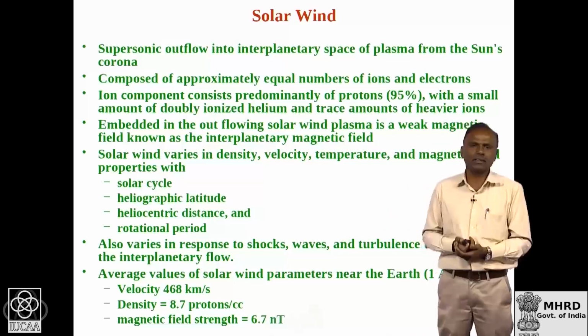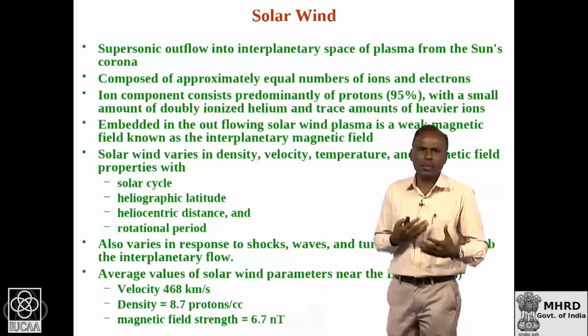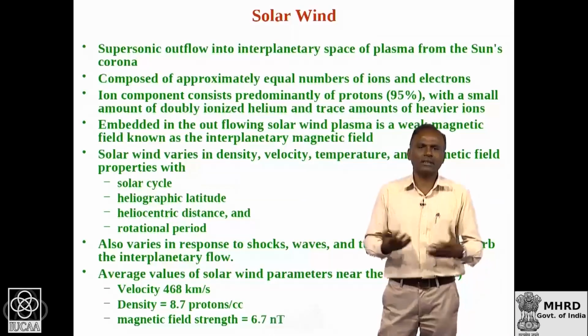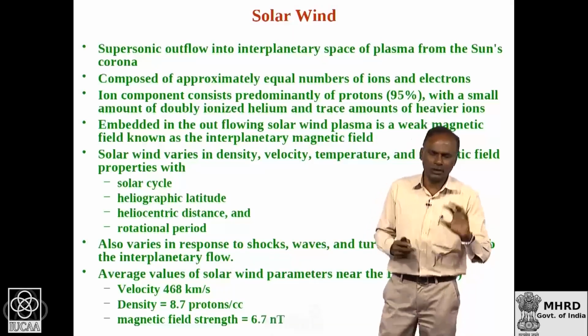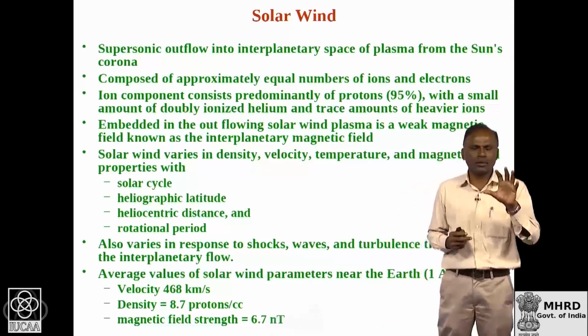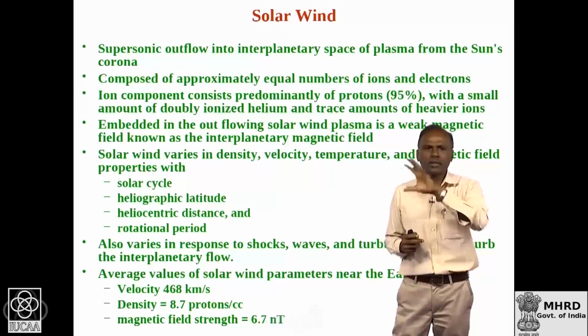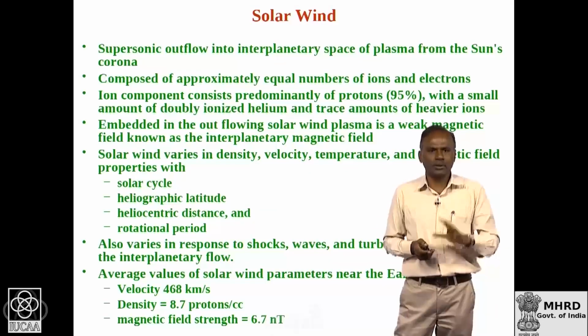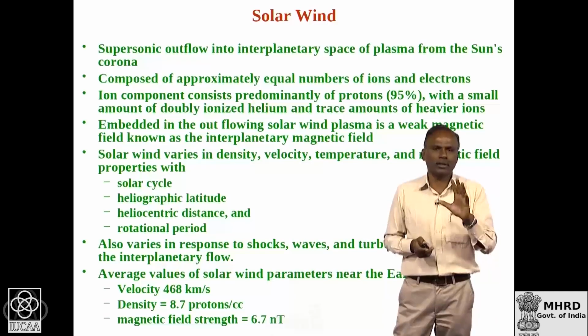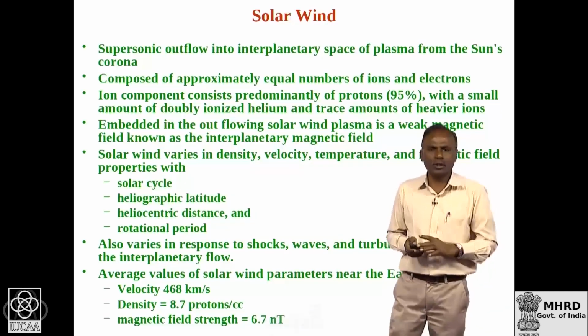The sun has a 27-day rotation period, and the rotational period variation is mainly due to the source region located on the sun. If several active regions are on the sun, you get a solar wind with active region properties.